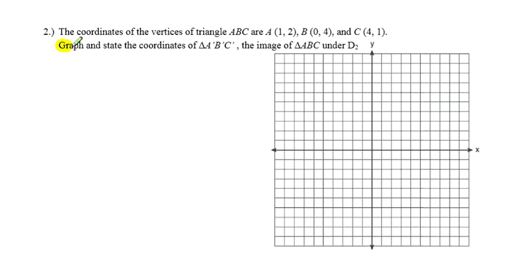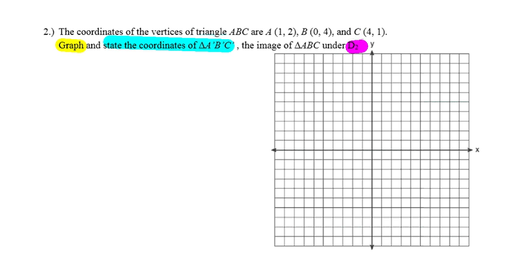First things first, it's not only asking us to graph the new triangle, but it's also asking us to state the coordinates of this new triangle. The other piece of information which I read, which is pretty interesting, is that capital D subscript 2.